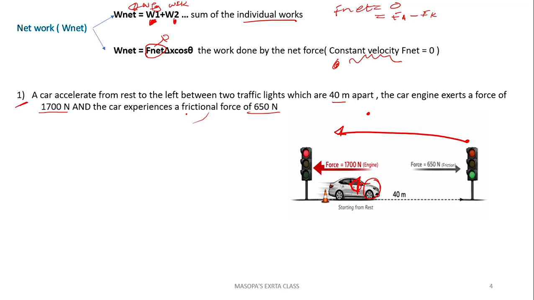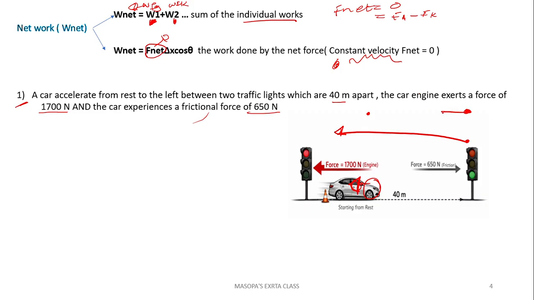So let's draw a free body diagram first so that you can understand. When you draw the free body diagram, you must draw all the forces that are acting on an object, both normal force and Fg. But we know that the forces that act perpendicular to the surface will be equal to 0.